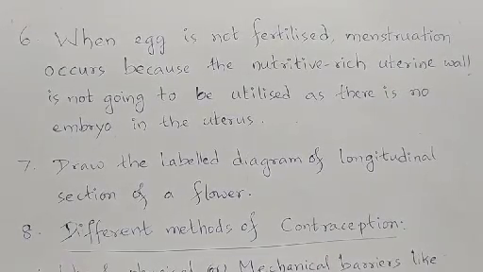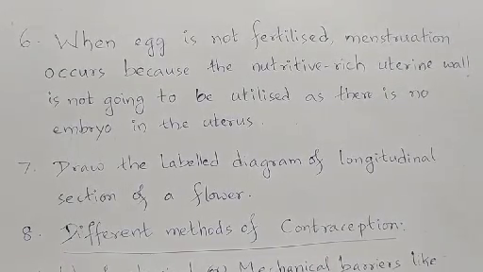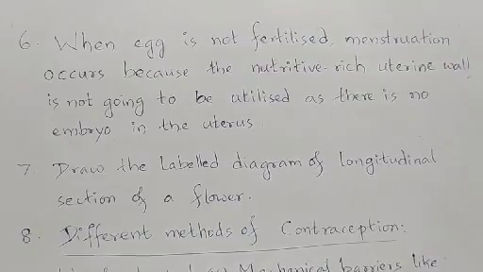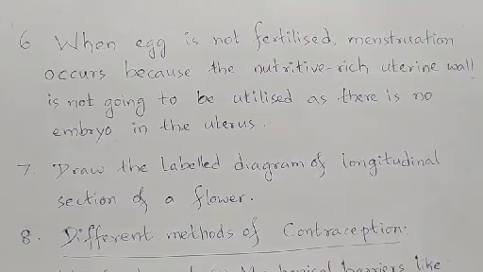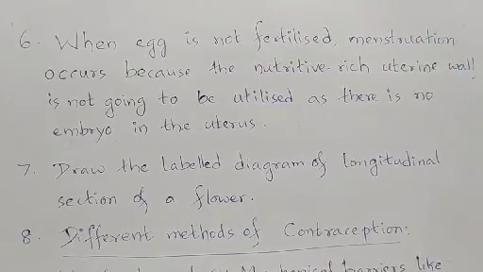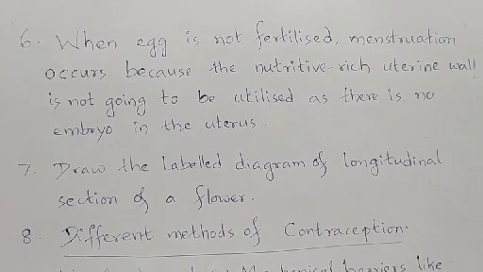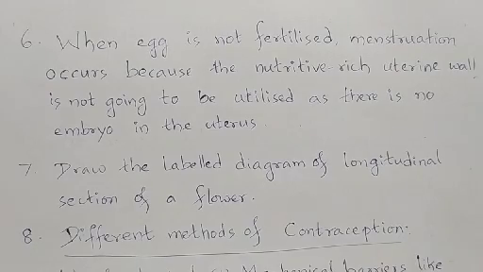Sixth question. Why does menstruation occur? When the egg is not fertilized, menstruation occurs because the nutrient-rich uterine wall is not going to be utilized as there is no embryo in the uterus.